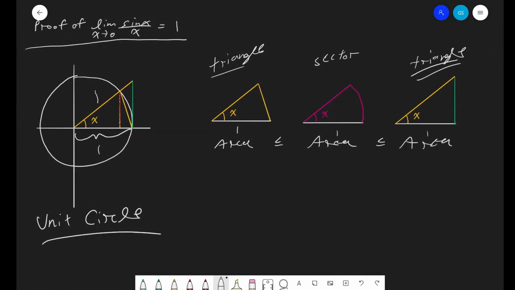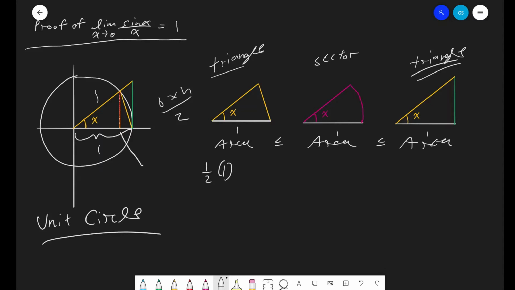So how would we describe the area with a formula? The area formula for a triangle is base times height divided by 2. Let's look at this small yellow triangle first. We know the base is 1, so we have a half times 1. Now what's the height?